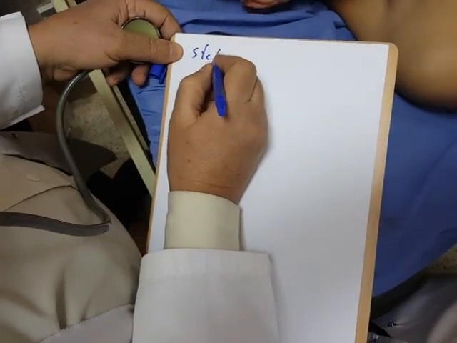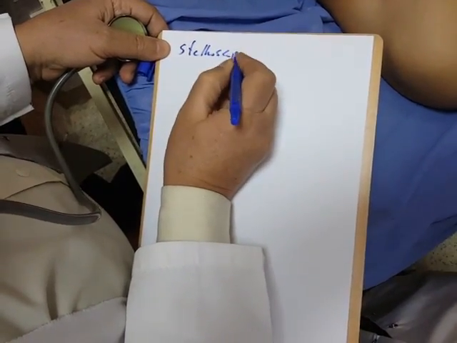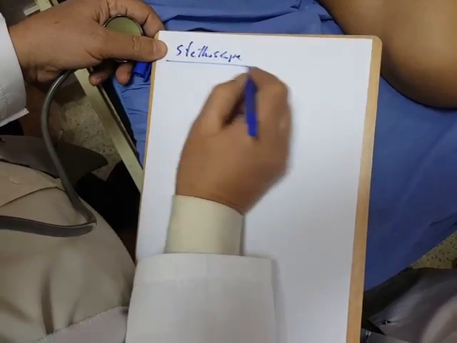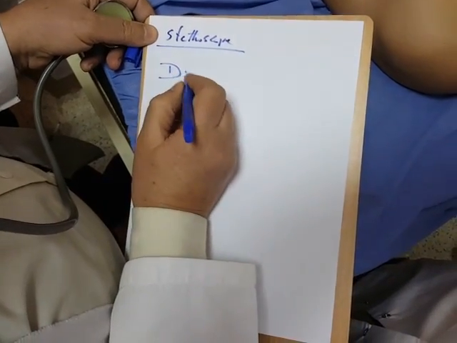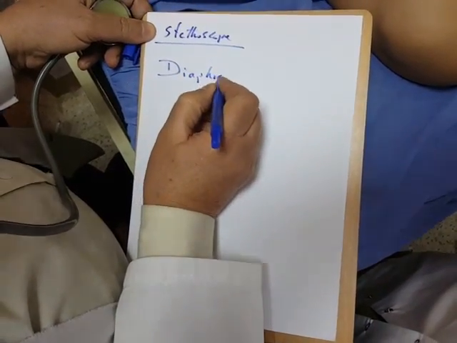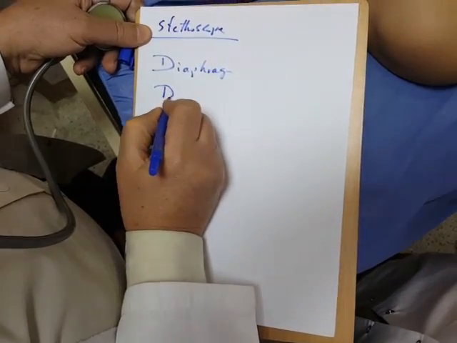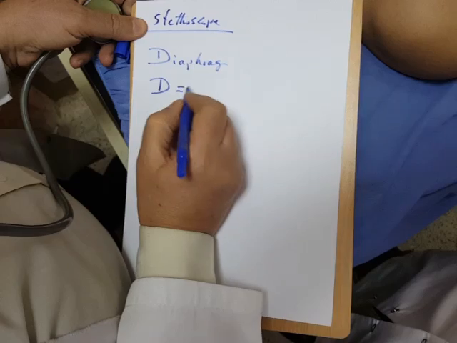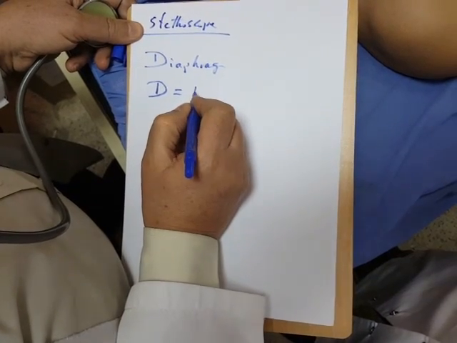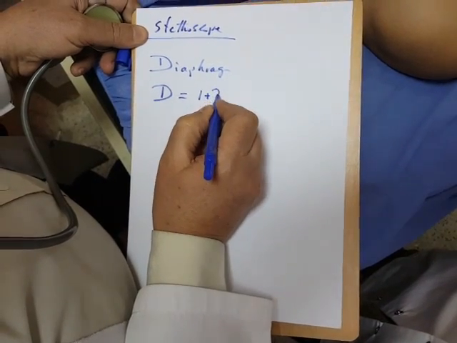Stethoscope. Diaphragm. It is composed of D, and D usually is 1 plus what? 2.